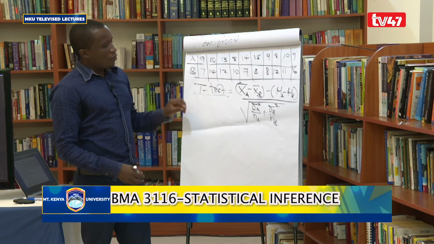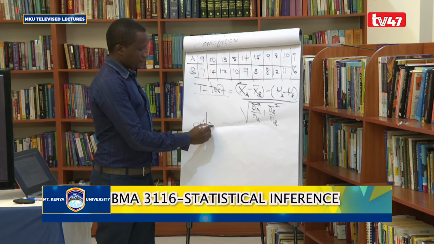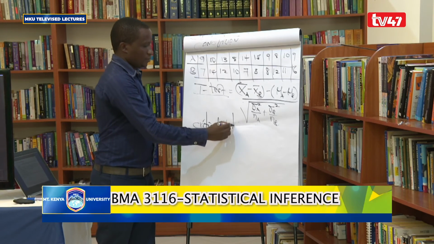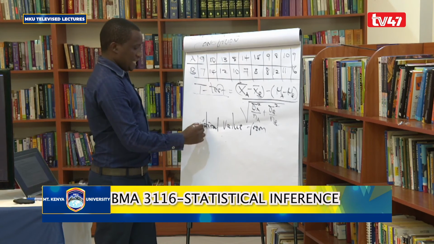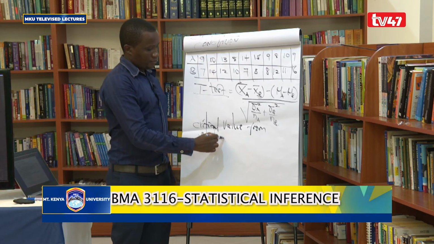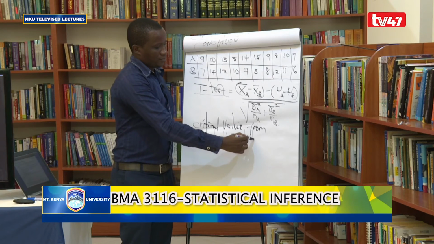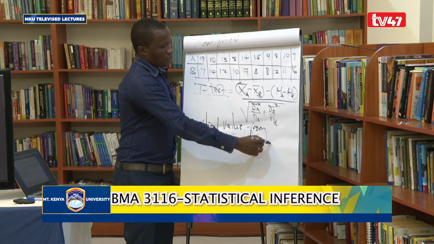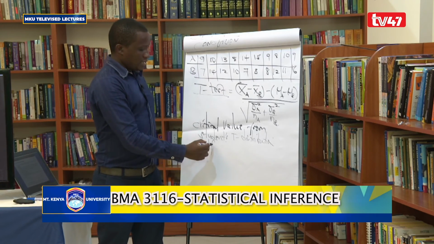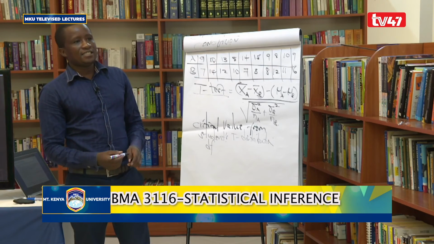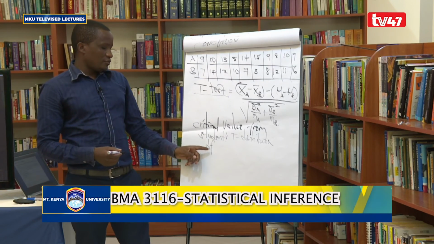We are going to compare this to the critical value from the student's t distribution with degrees of freedom, because the student's t distribution, unlike the normal distribution, changes with regard to the degrees of freedom.